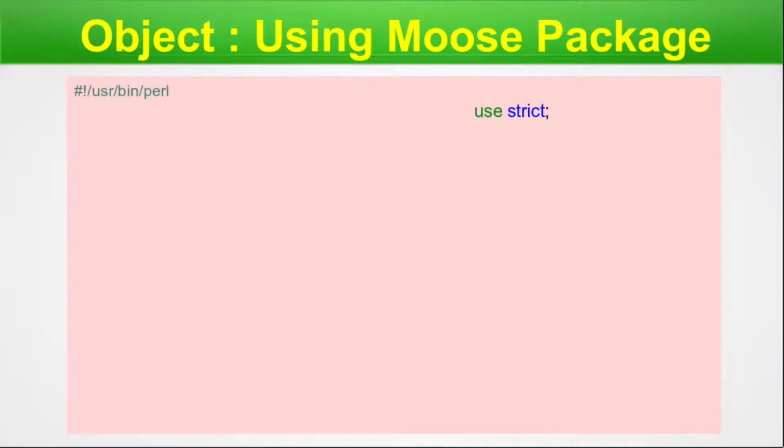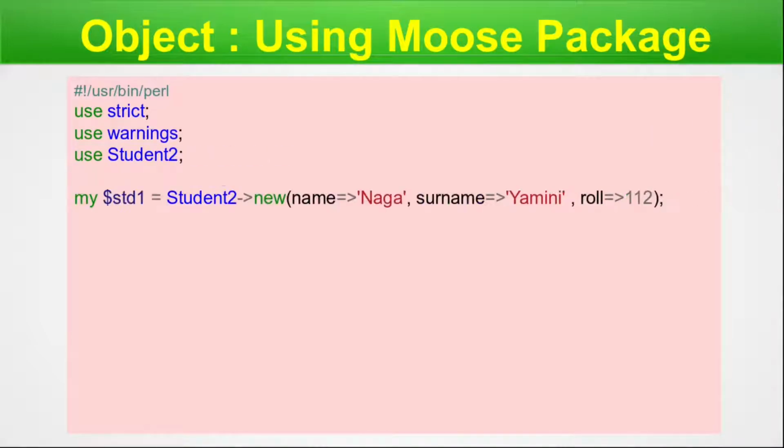Here we start our code. Assume this is a different physical file. Use strict, use warnings, then use Student2. Here we write student1, then Student2, then arrow new, with name, arrow, then surname, arrow, then roll, arrow. This is like how we write in a physical hash.